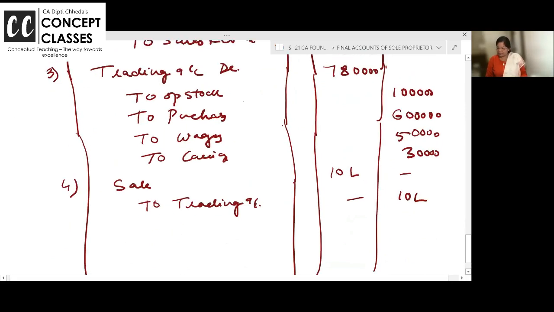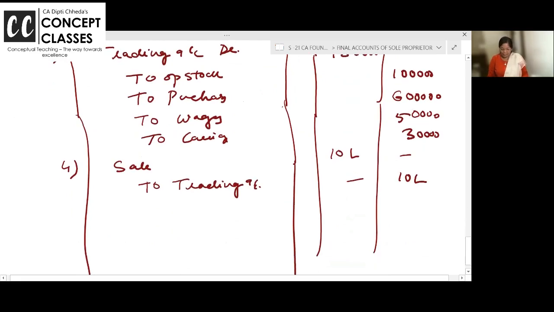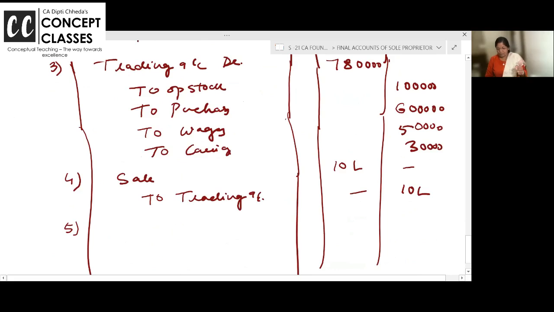Okay. Trading account debit, trading account credit and sales debit.